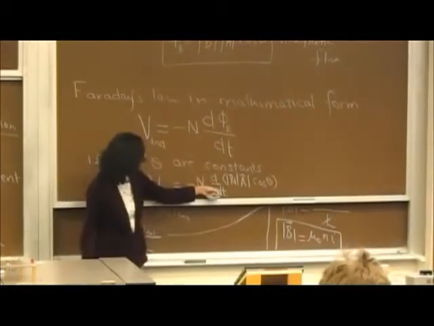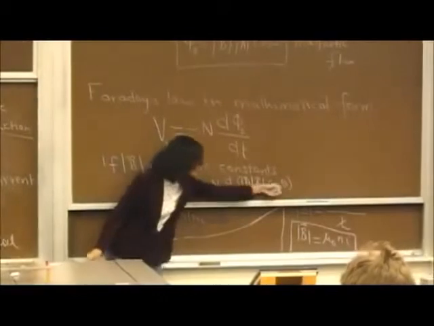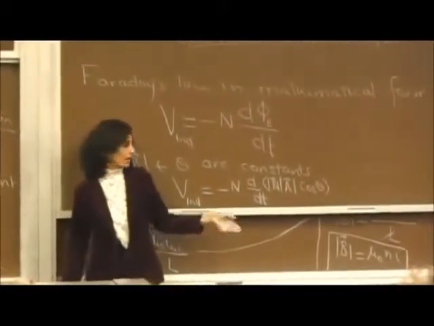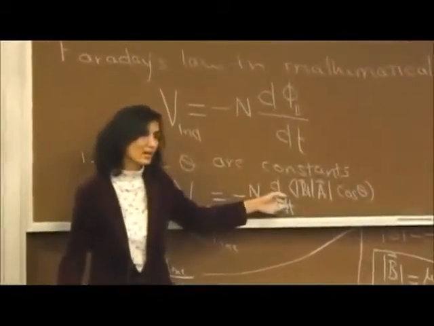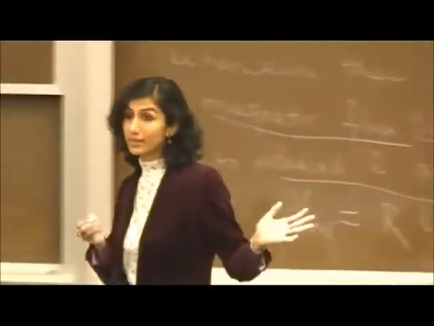D over dt is the rate of change of flux with time. Everybody is familiar with derivatives? Derivative with respect to time is the rate of change of flux with time here.